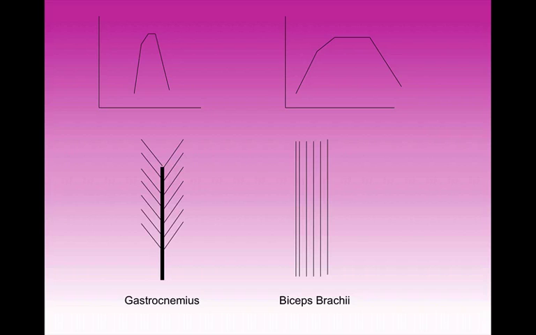Keep in mind that muscles have adapted over time based on their function, and they each have their own length tension curves. So for example, if we look at a pennate muscle, the gastrocnemius is a good example of that. These muscles are really built for power and speed over short distances.